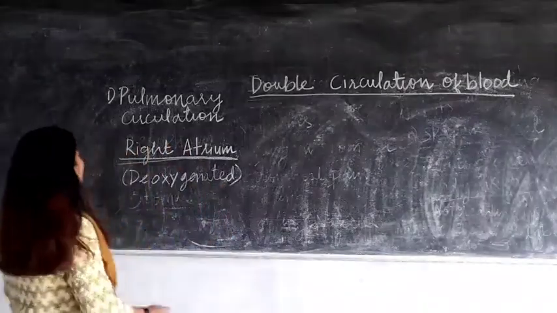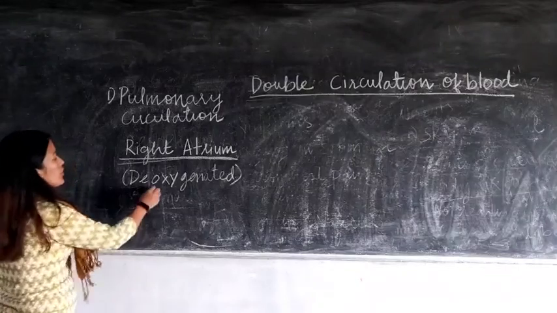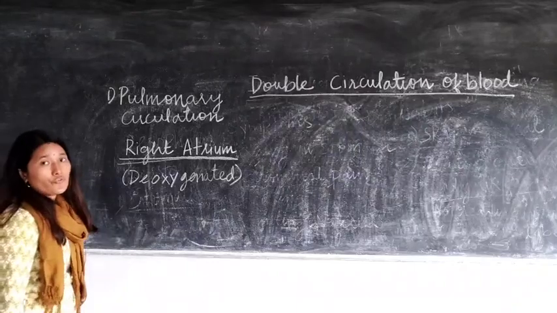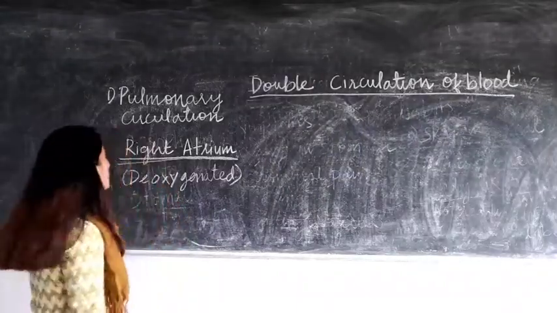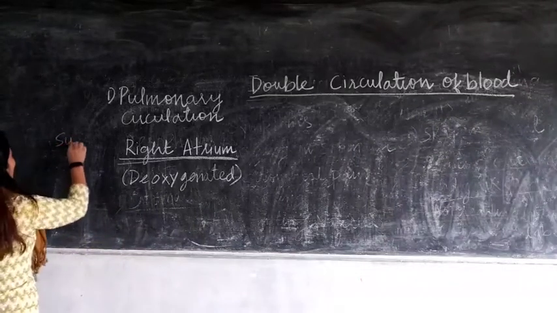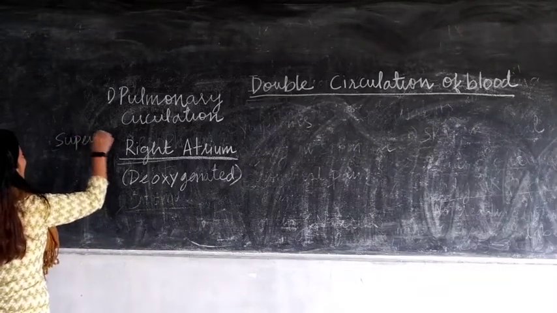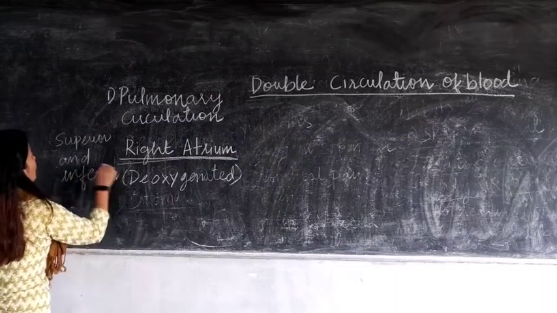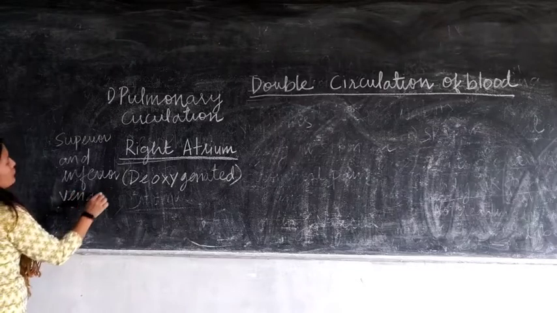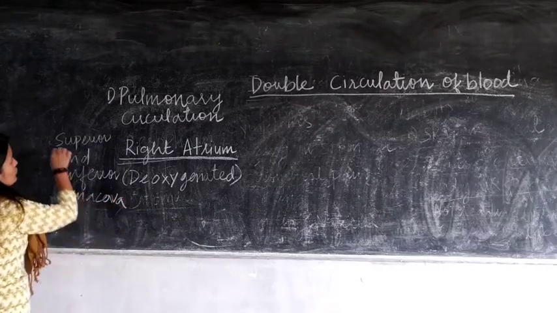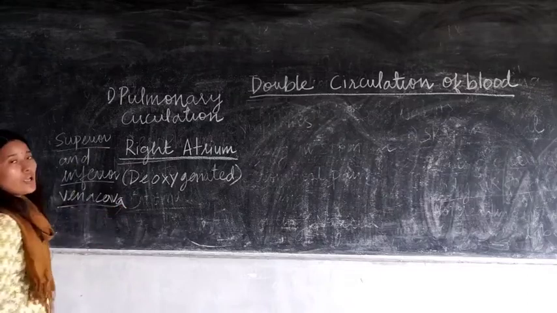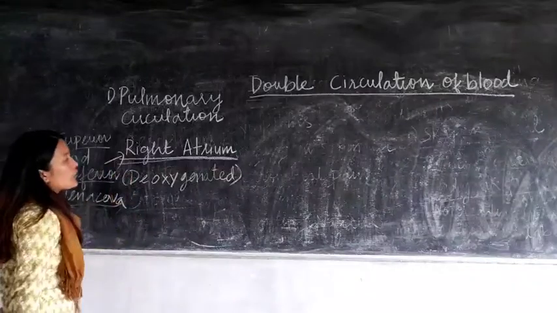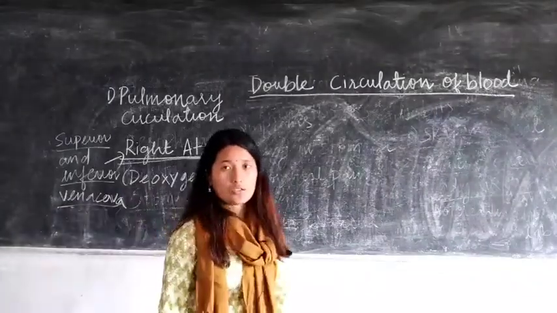So the right atrium receives deoxygenated blood which is brought by 2 important veins, the largest veins, the superior and inferior vena cava. We all know the difference between superior and inferior vena cava. So these 2 important veins bring the deoxygenated blood to the right atrium, the first chamber of the heart.